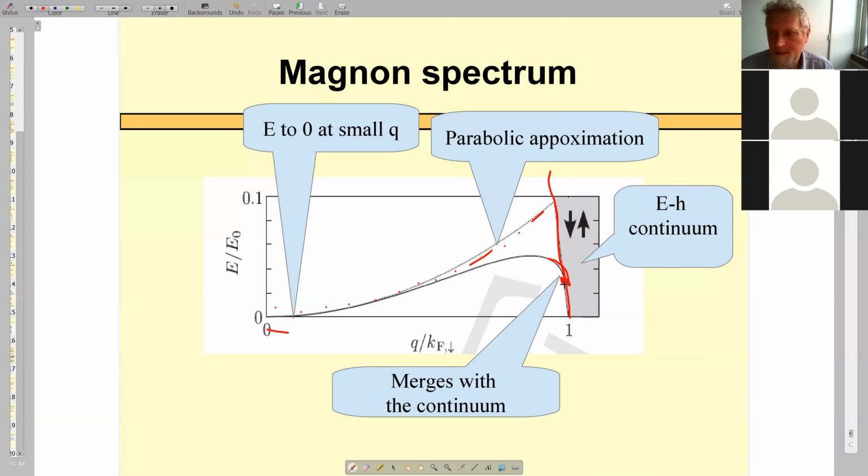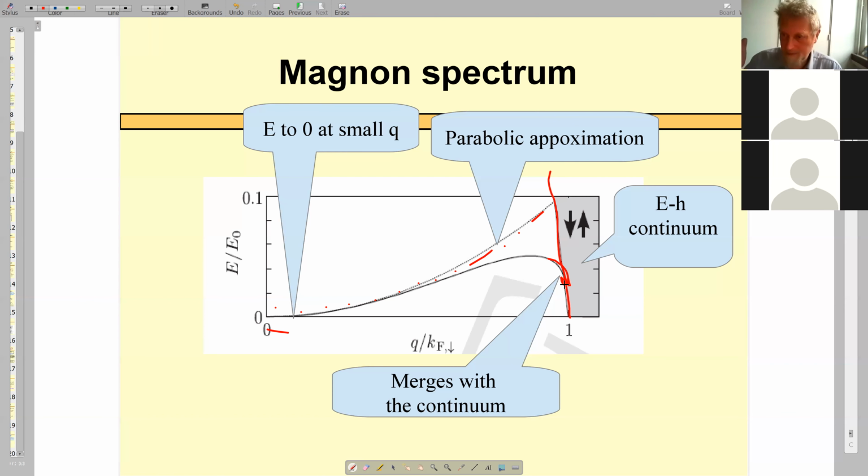We found a simple trial wave function, and with a minimum of computations, we were able to establish that this magnetic ground state is a true ground state. Then we looked at the excitations. There are usual electron-hole excitations, which are split in spin.